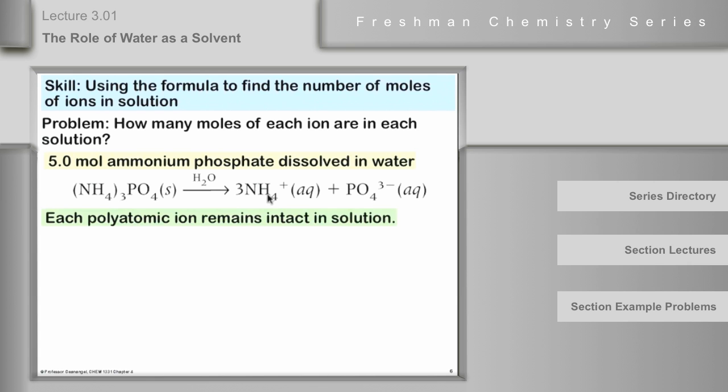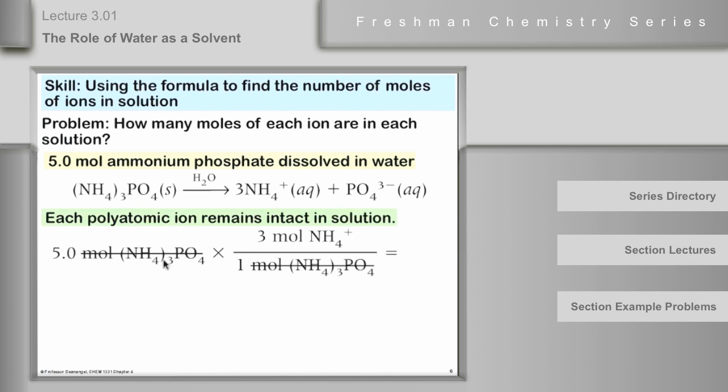Now, remember that unless there are oxidation reduction processes going on, you can assume that the polyatomic ions stay intact in the solution. So here's how we would determine the number of moles of ammonium ion.